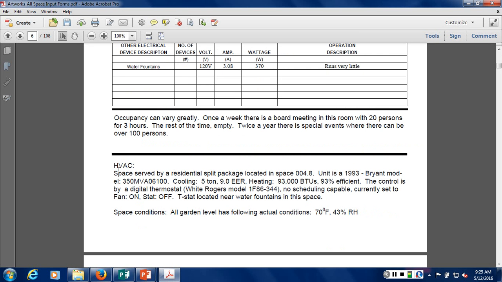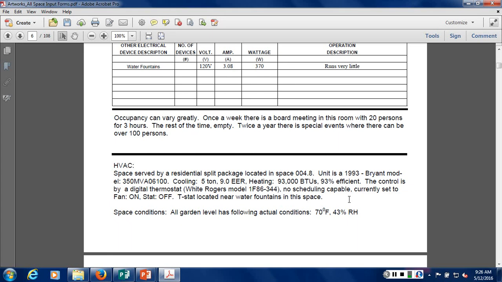And then finally, we try to give a description of what's happening with the HVAC. So this area happens to be served by a residential split package, and we identify what room the split package is located in, or where it's located. And then we give the unit's identifier. What specifically is that unit?